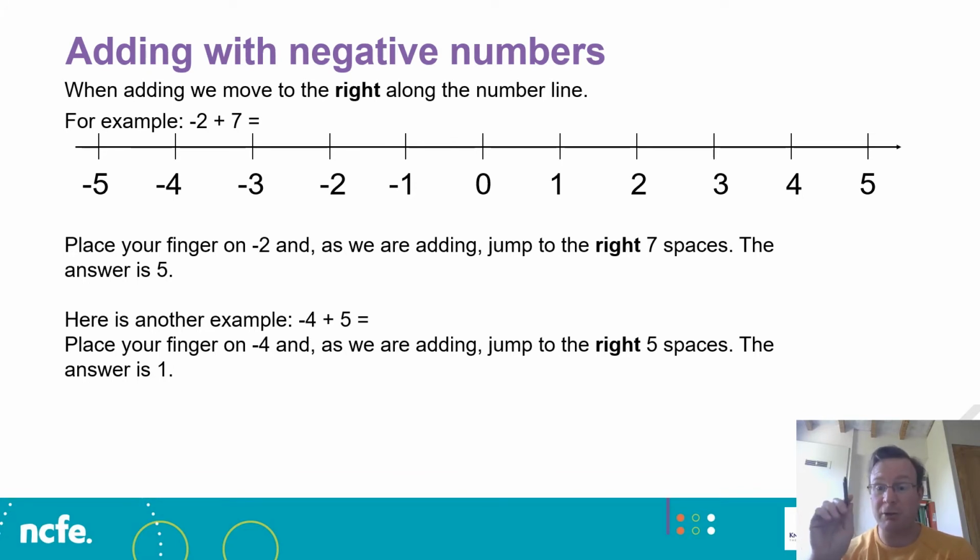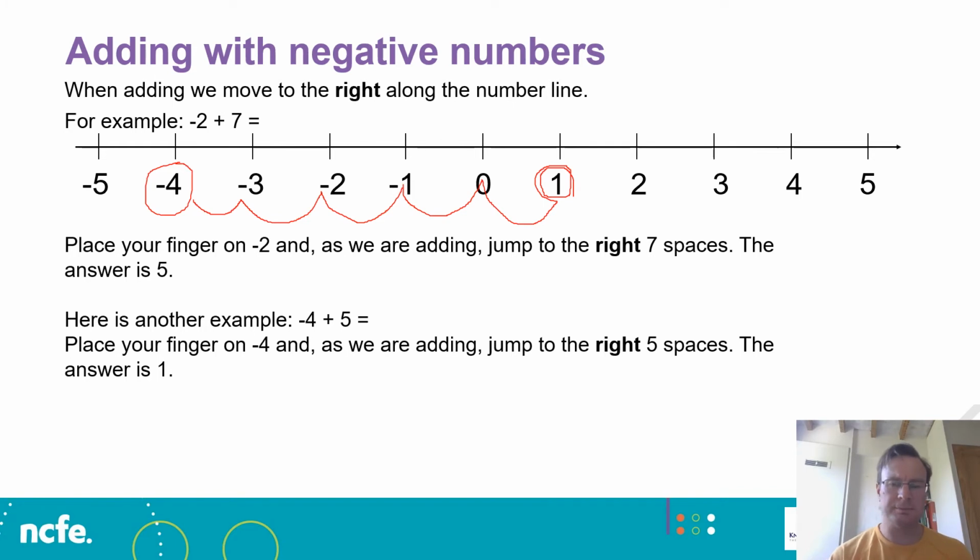So you pop your finger on -4 and you go 1, 2, 3, 4, 5 spaces to the right, and your answer should be 1. So if we started at -4, we go 1, 2, 3, 4, and then there's our 5. So you can see how that works.